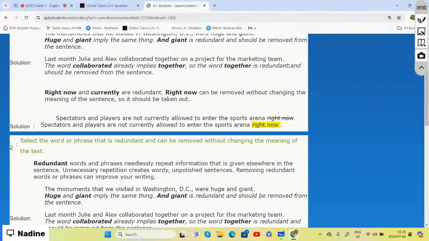And here, if we look at our sentence, the first sentence already says that spectators and players shouldn't be allowed on the sports ground. And then the next one says they shouldn't be allowed on the sports ground right now.